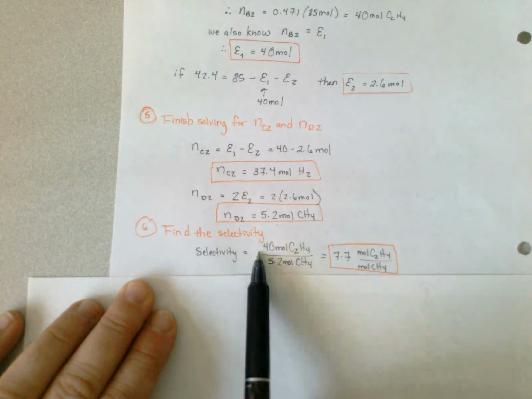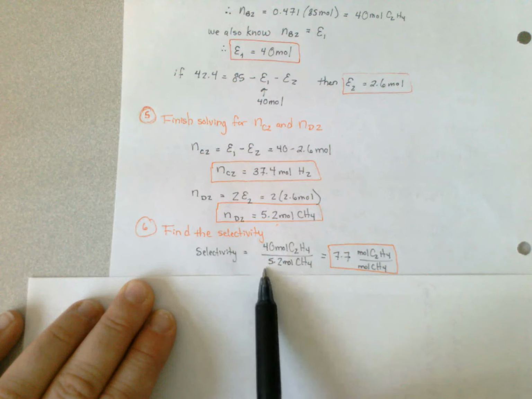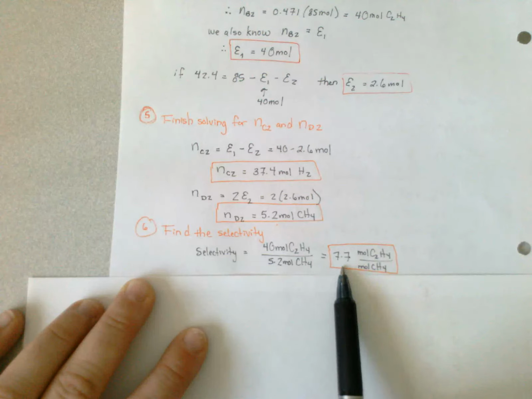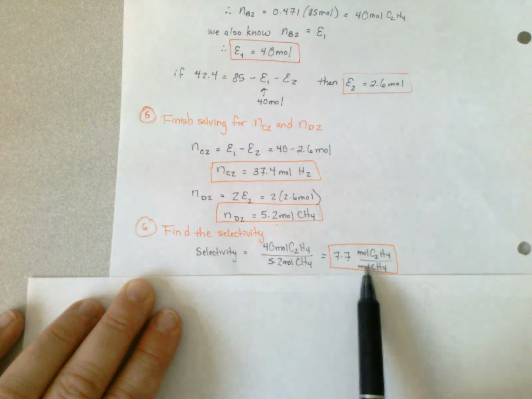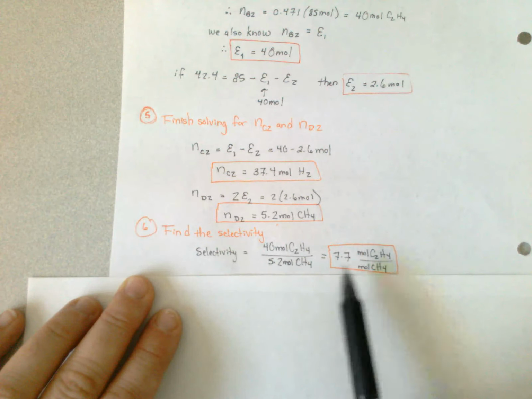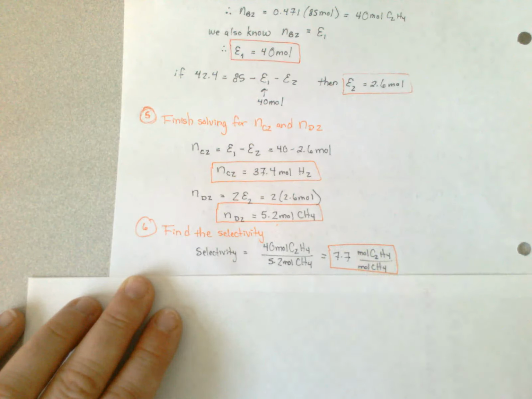So that means we're going to take the moles out of C2H4, which is 40 moles, divided by the moles out of CH4, which is 5.2, and that's going to tell us that the selectivity is 7.7 moles of C2H4 relative to the moles of methane in the system. So selectivity does not have to be a percent. That's an important factor here.